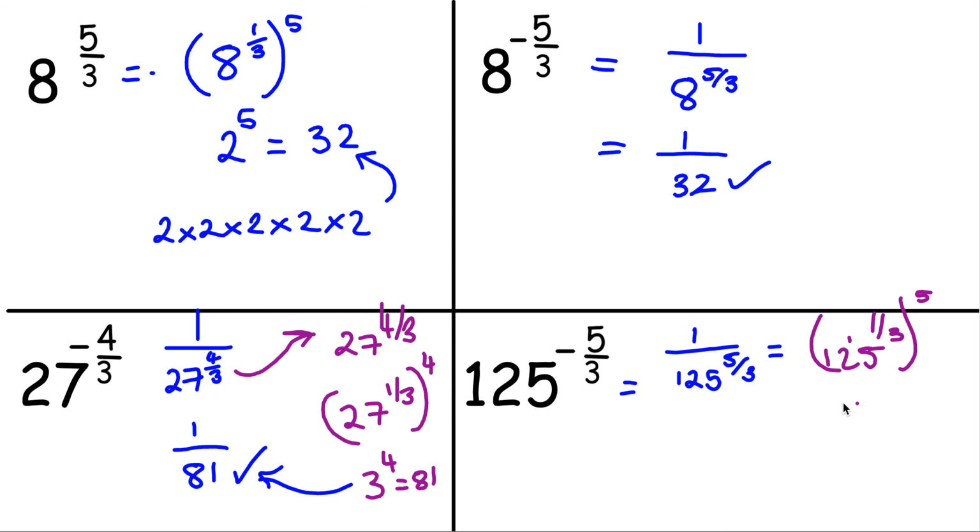Okay, so the answer to that is 5, and then I have 5 to the power of 5, which is the denominator. So I have 1 over 5 to the power of 5, which is 3,125. And that is my final answer. So just remember, if you have a negative, it's under 1.